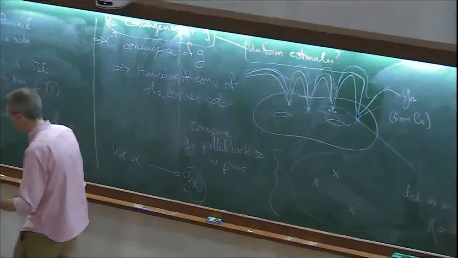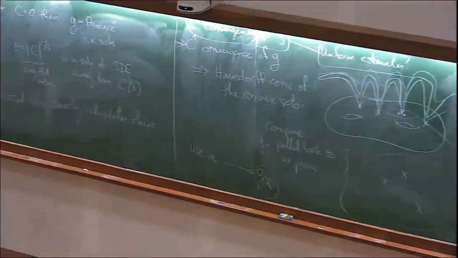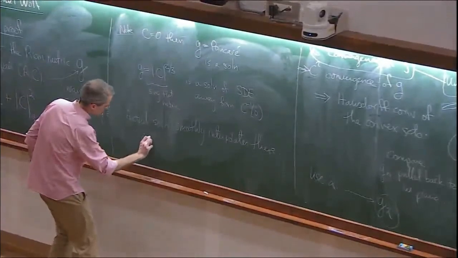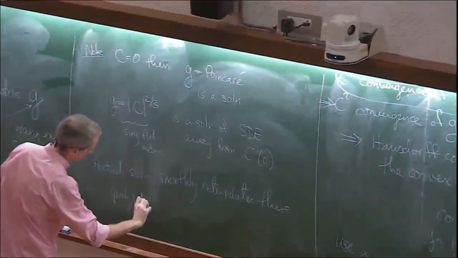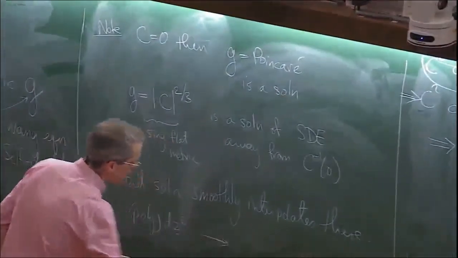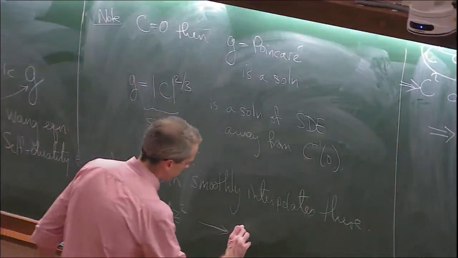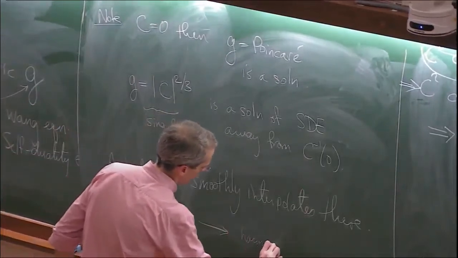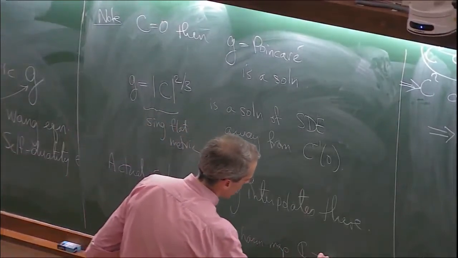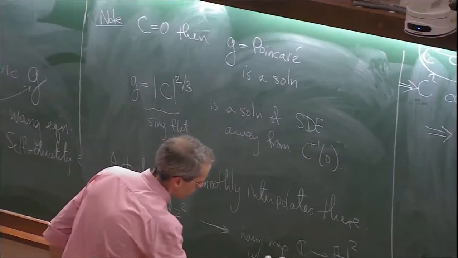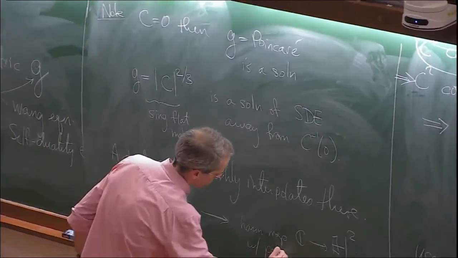There's an analogous picture where you would look at a polynomial times dz squared. And the analogous object is, instead of an affine sphere in R3, going to be a harmonic map from the complex plane into the hyperbolic plane with a polynomial Hopf differential.